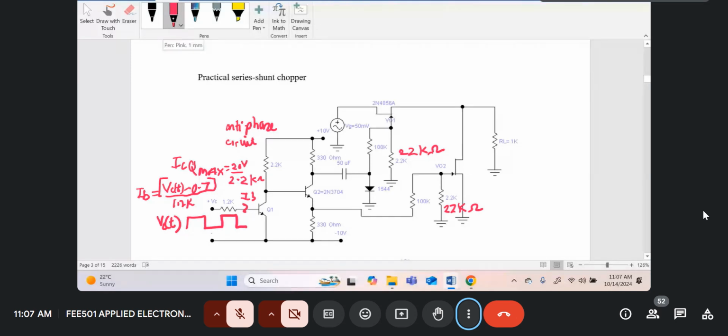If you're doing the design, you have to ensure that, that's how we get IB. Hey, what am I doing? Let's remove this beta first. Okay, that's how we get IB from that equation.